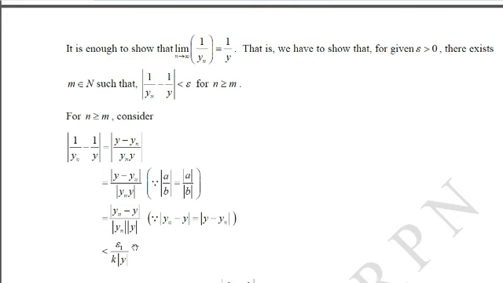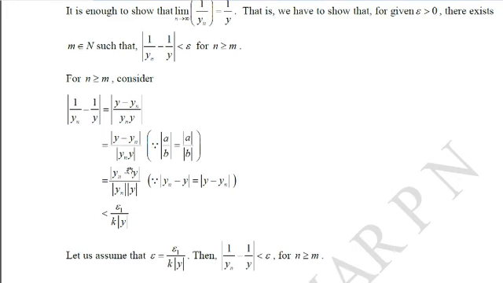Apply those properties, and we know that mod yn minus y is less than epsilon 1, and mod yn is less than or equal to k. So it is less than epsilon 1 divided by k into mod y. Epsilon 1 is an arbitrary constant, k is also constant, mod y is also a unique and fixed value. Let us call this epsilon.